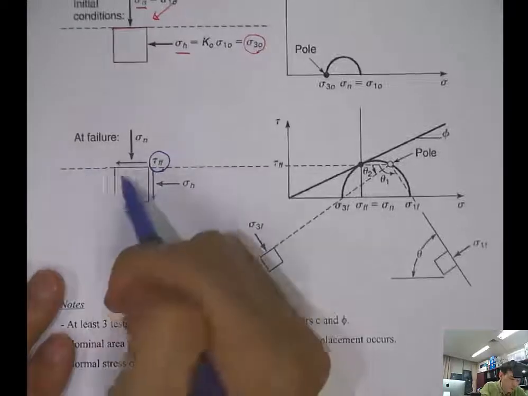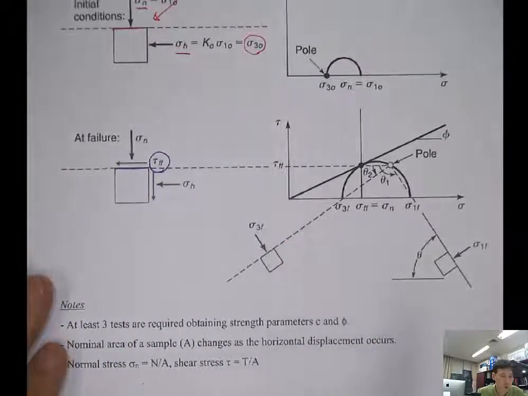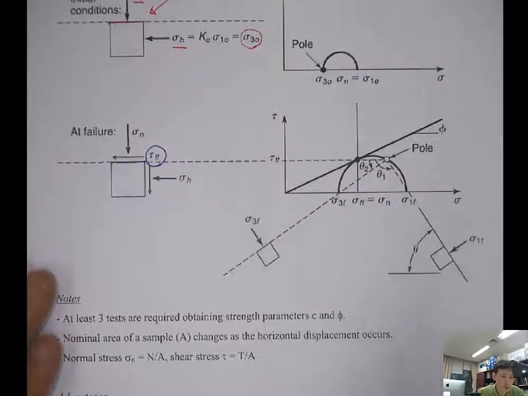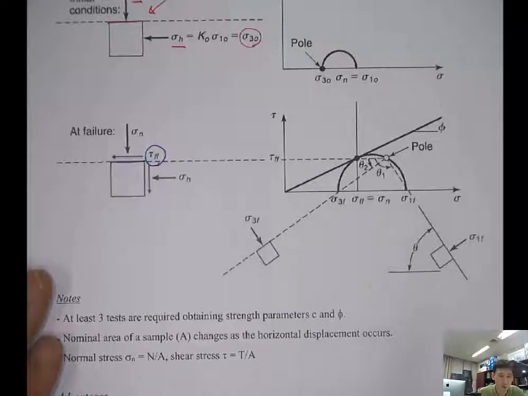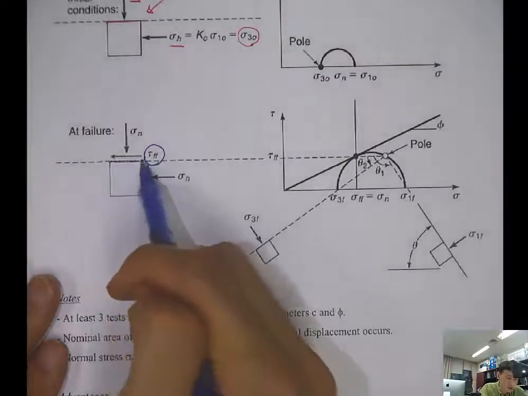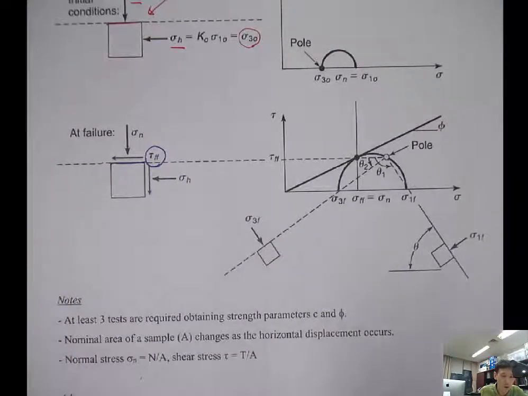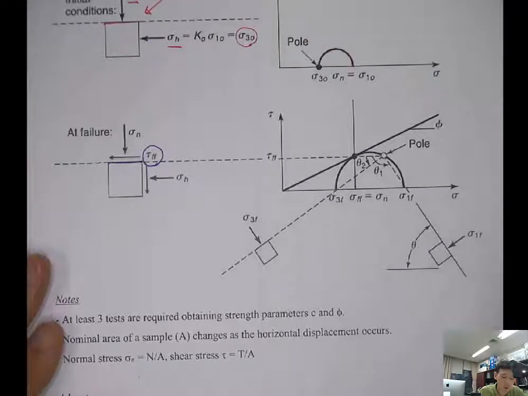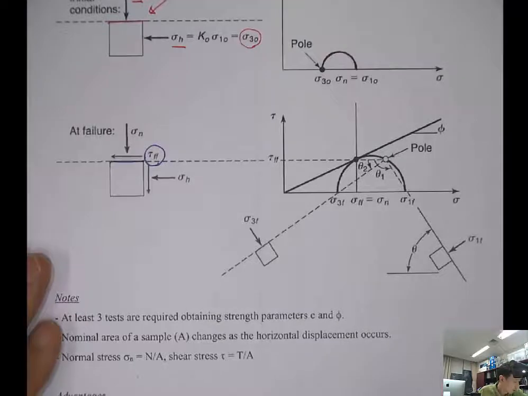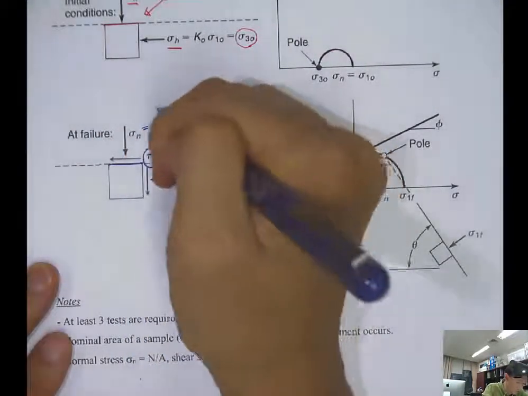So is this plane still the principal plane? The definition of the principal plane is the plane that has zero shear stress. Now this horizontal plane has the shear stress of tau ff, so it's no longer the principal plane. So where will the principal plane be? Let's think about this.